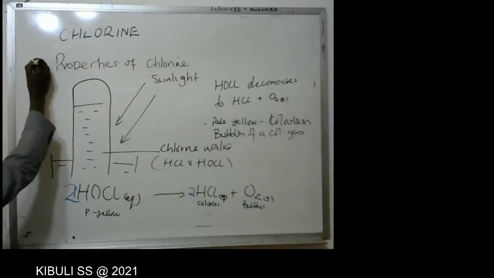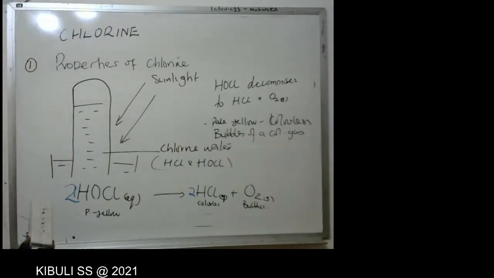So here I have looked at two things. Number 1, the bleaching action, and number 2, the dissolution of chlorine in water. So we are ending by saying chlorine is a bleaching agent. Number 2, chlorine readily dissolves in water to form hydrochloric acid and hypochlorous acid. That mixture is called chlorine water.